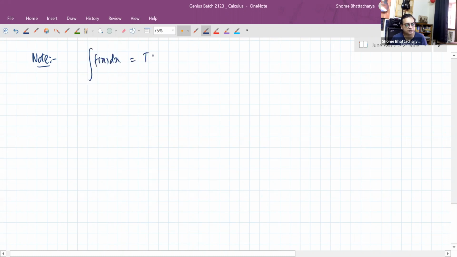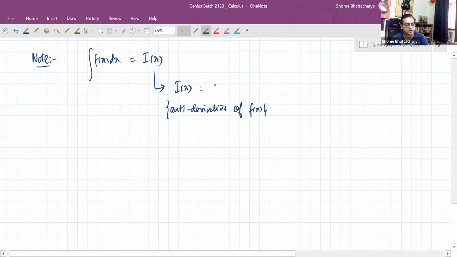The antiderivative of a function f(x), let us call it I(x), is actually not exactly a function. So we can't really say that it's a specific function.